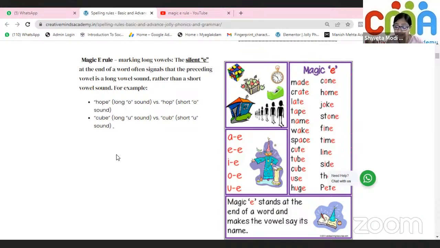Yes, in the word despite also we are able to see that I is giving the long vowel sound and not the short vowel sound. Okay. Very good. Mobile also.